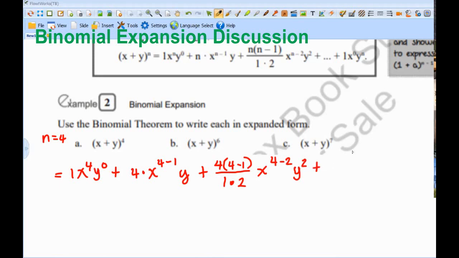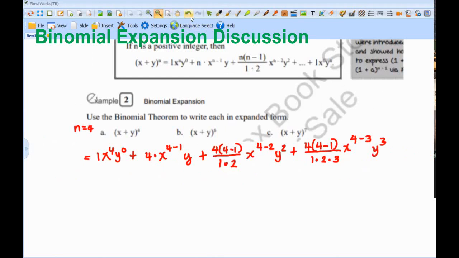Plus, let us follow the formula. We have n minus 1 on the third power: 4 minus 1 all over 1 times 2 times 3, so plus x raised to 4 minus 3. Then it will become y to the power of 3.